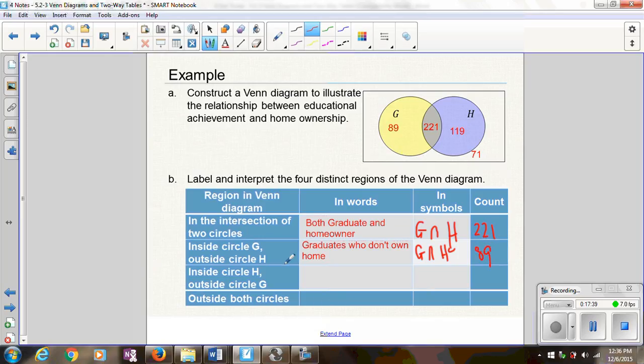If we're looking at inside circle H but outside circle G, that would be the homeowners who did not graduate from high school.